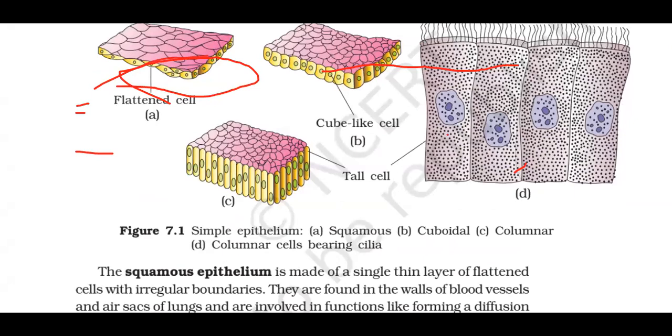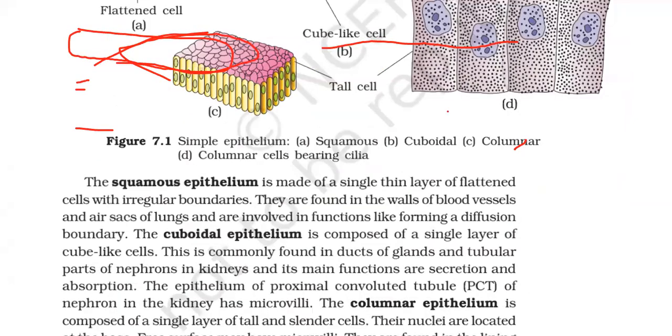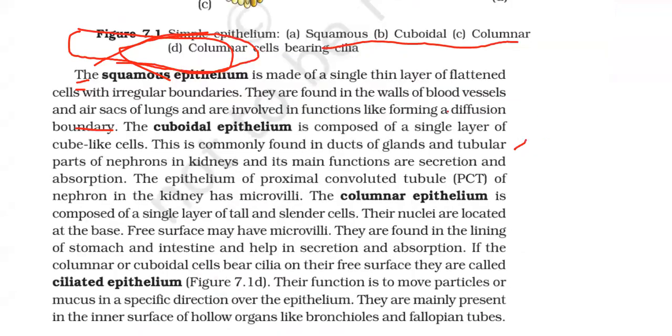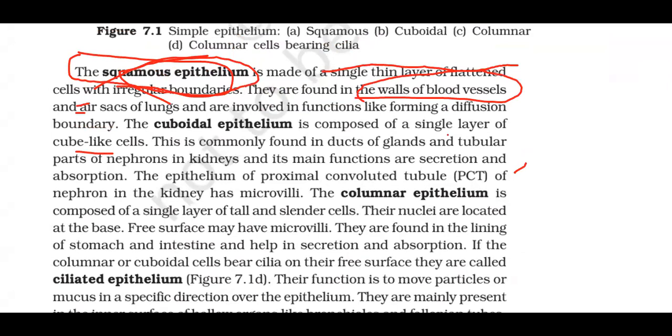Next point: they are found in the walls of blood vessels. See, in our circulatory system we have blood vessels, right? And the blood vessels are lined by squamous epithelium.